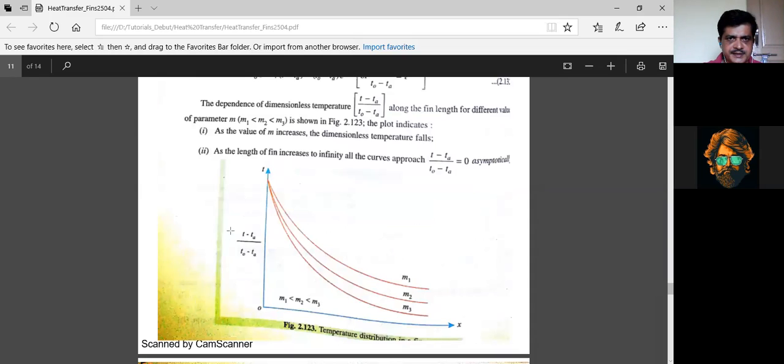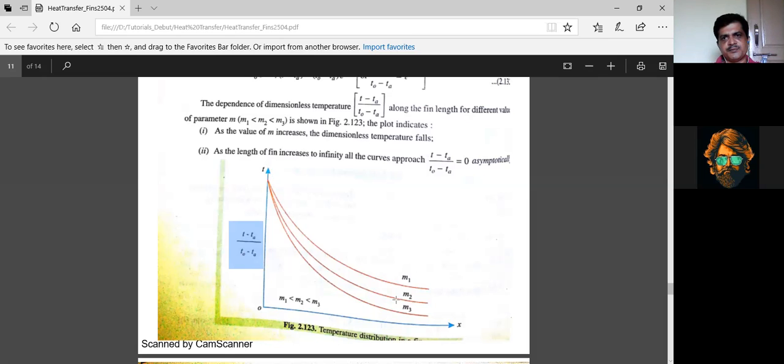In this y axis, T is the temperature at any point on the fin. TA is the atmospheric temperature. T0 is the temperature at the base of the fin. When we draw this dimensionless number for different values of m, we get this.